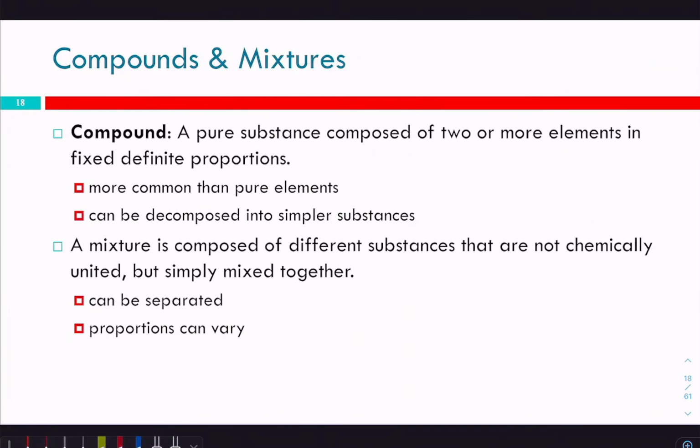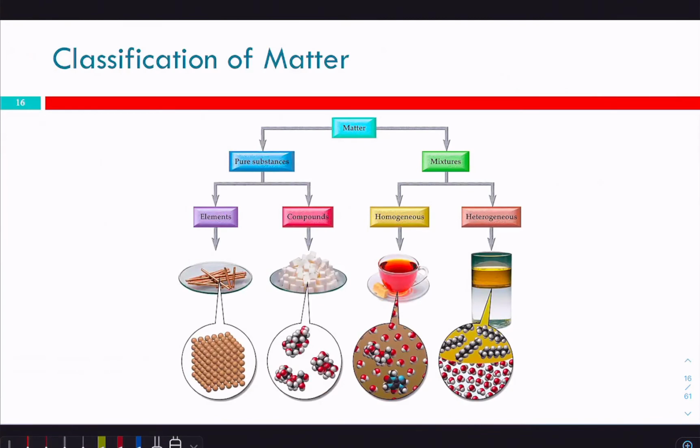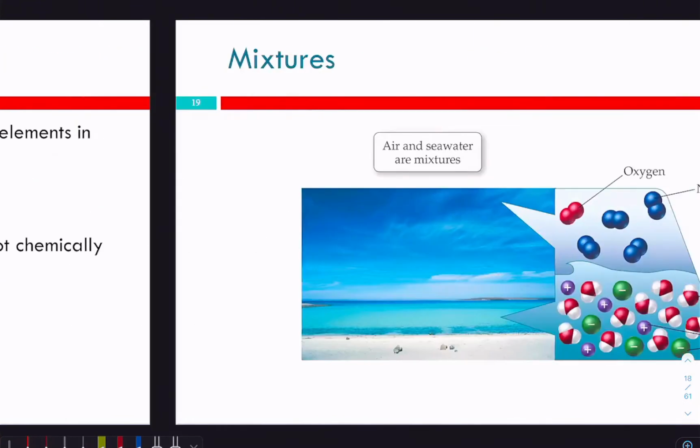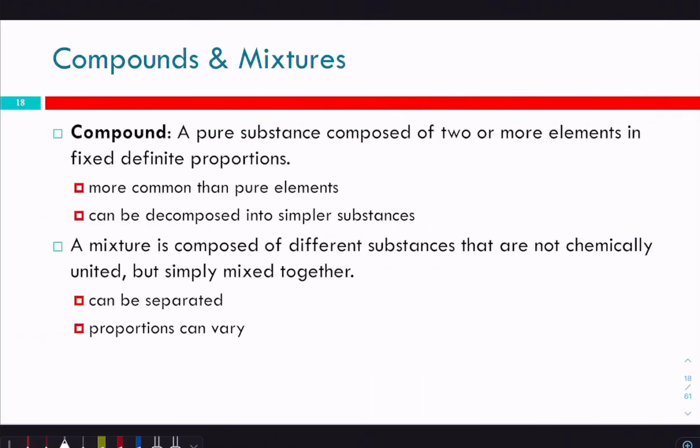The next one here is a compound. And so go back over to this table. Compounds, so we went pure substances, we talked about elements. Now we're going to talk about compounds. So a compound, again, is a pure substance composed of two or more elements in fixed, definite proportions.